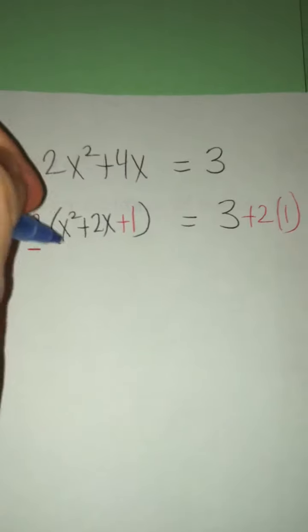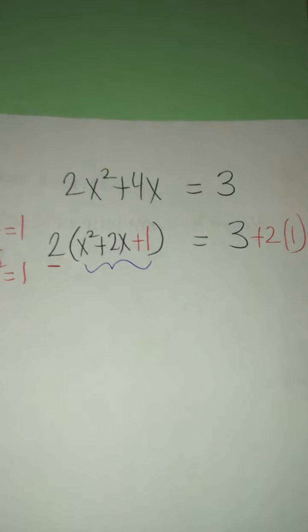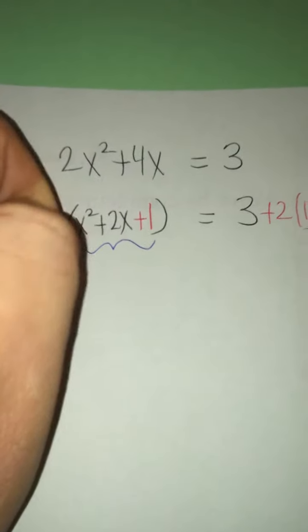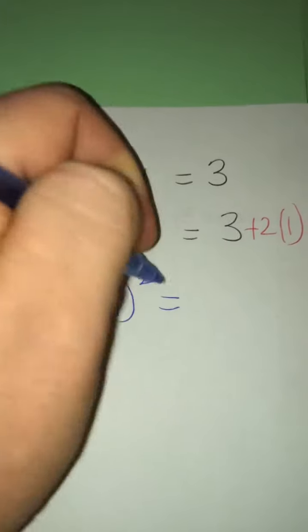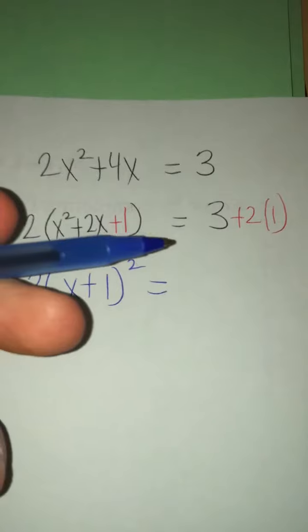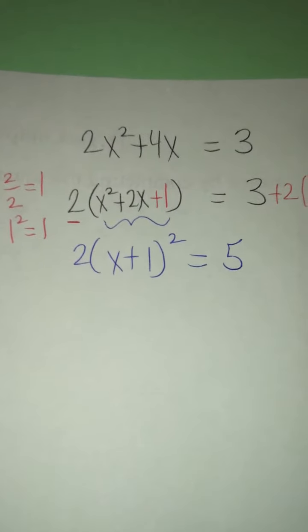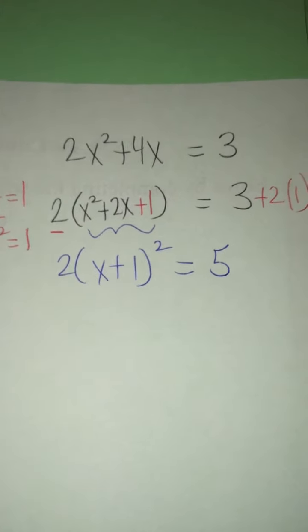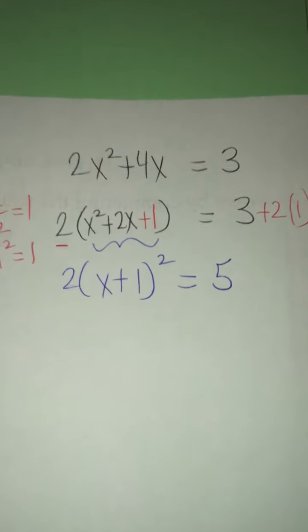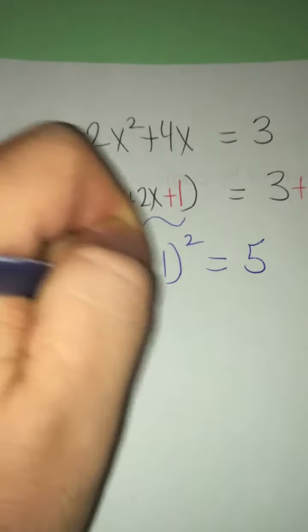Okay, this part here is a perfect trinomial, so we can factor it into x plus 1 squared. And on the right-hand side, that will just give you 5. Now, you're trying to get the x plus 1 squared by itself. So we need to divide both sides by 2.